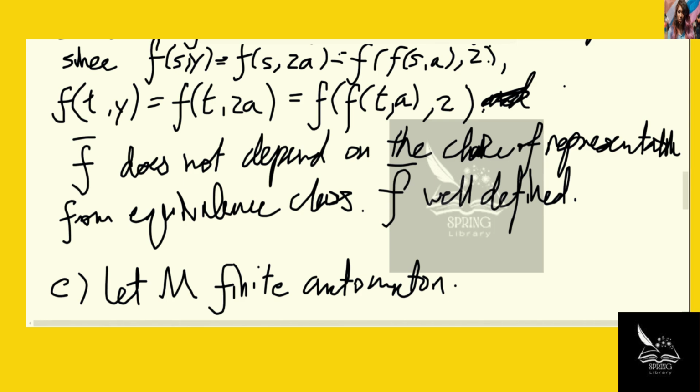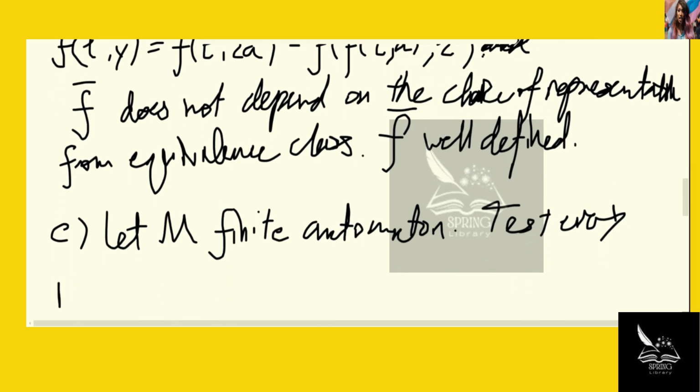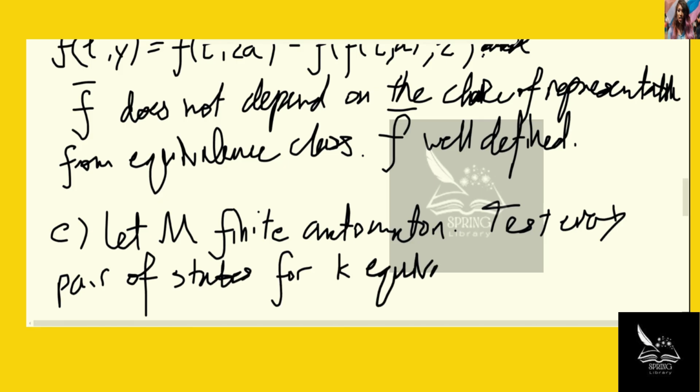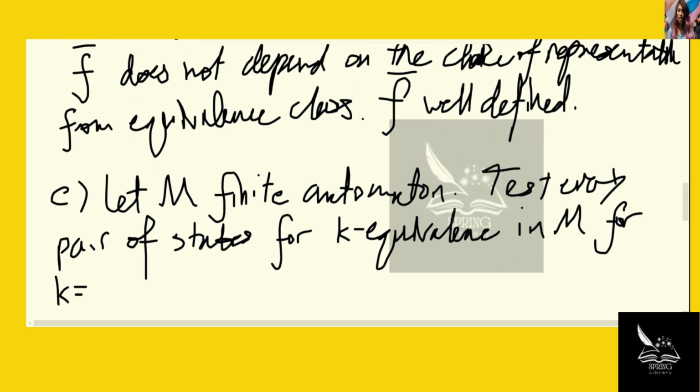Now, what we want to do is test every pair of states for k equivalence in M, for each integer k from 0 up to n, where n is the number of states in M.